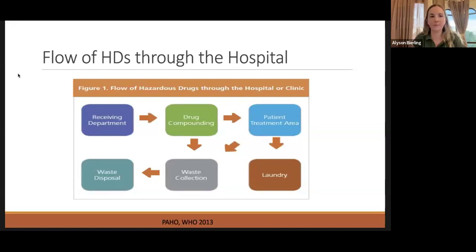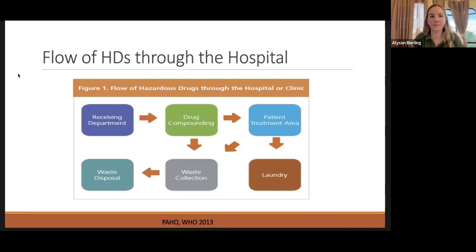So this diagram illustrates that. So starting off in the receiving department, when a shipment of chemotherapy is received, there's potential for spill or exposure there. Drug compounding or mixing, of course, there's high potential of exposure there.